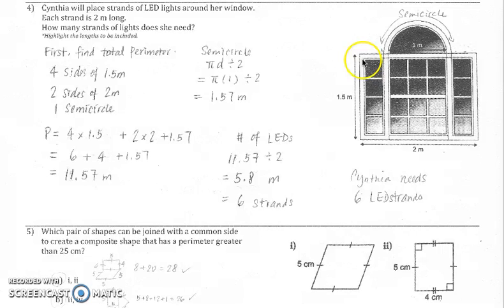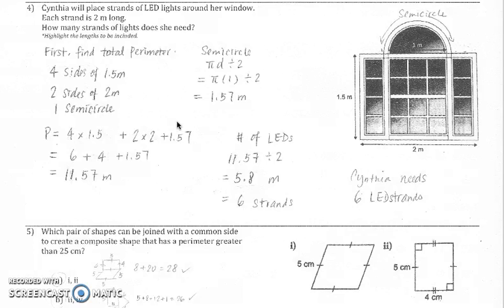We can see that all the frames of 1.5 meters here, here, here, here. So there are 4 sides of 1.5 meters, and then 2 meters here, 2 meters at the top. So 2 sides of 2 meters, and then the semicircle at the top. Other than the semicircle, we know the exact length of those straight sides.